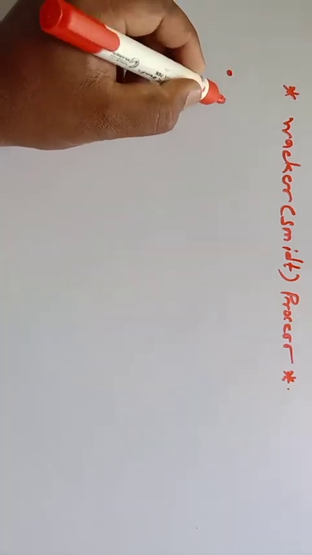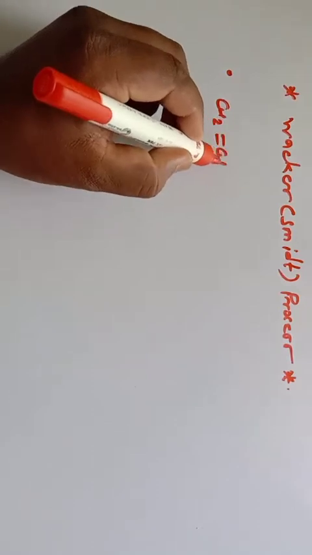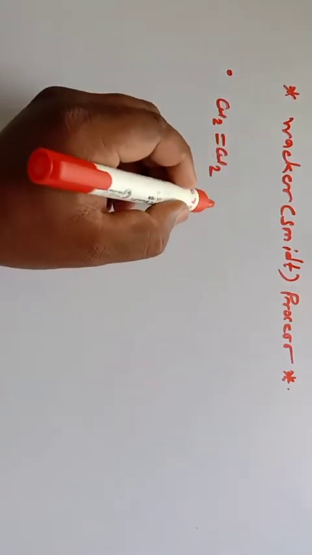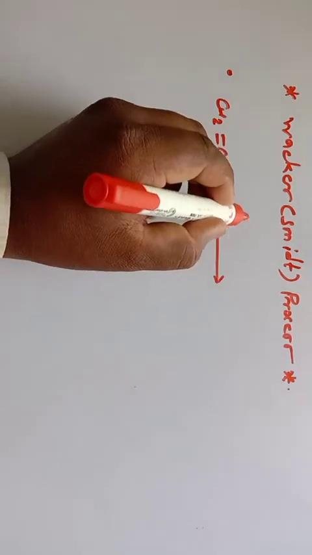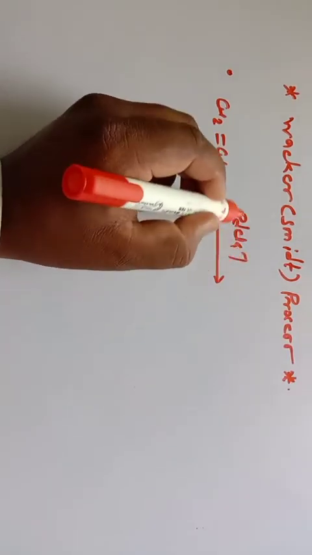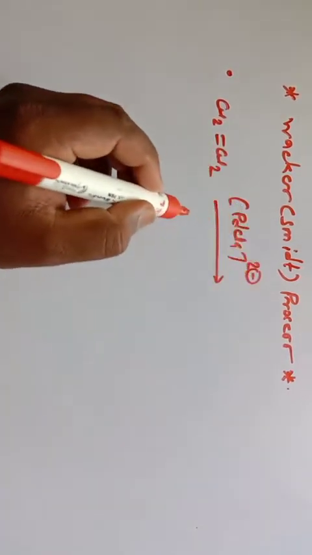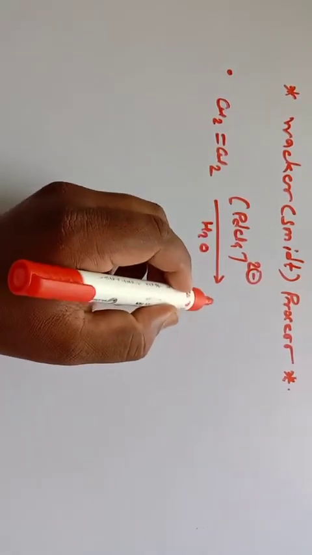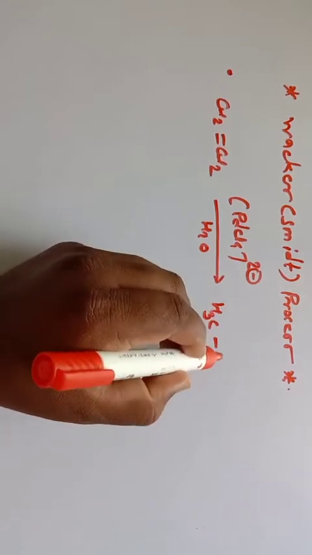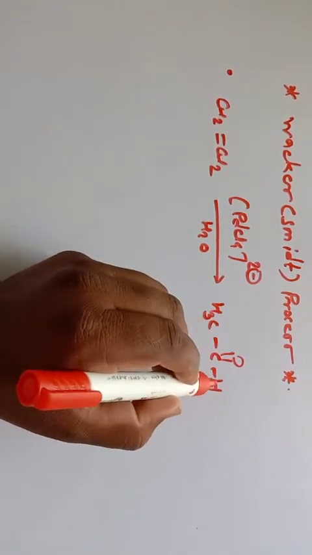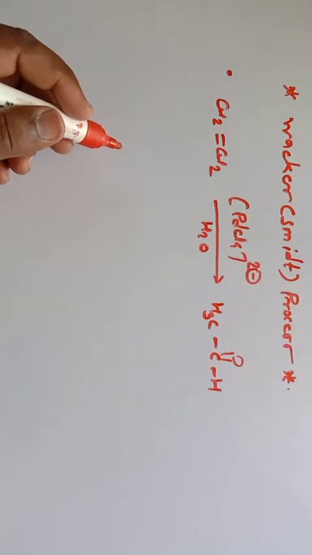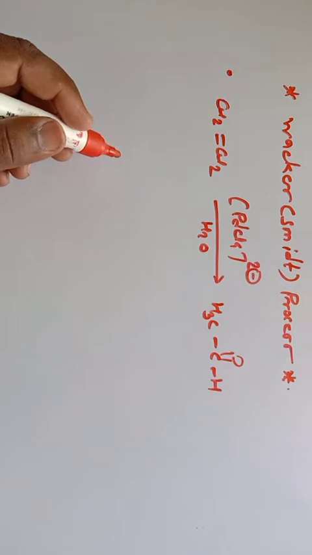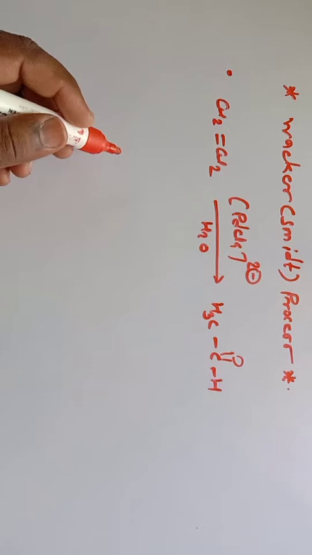If you consider the alkene is there, and in presence of PdCl4 2-, meaning the Pd is in plus 2 oxidation state, and in presence of water the alkene gets converted into aldehyde, acetaldehyde. So the Wacker process is used to produce acetaldehyde from ethene.